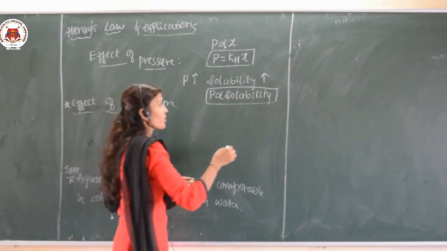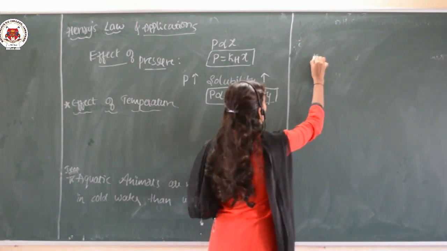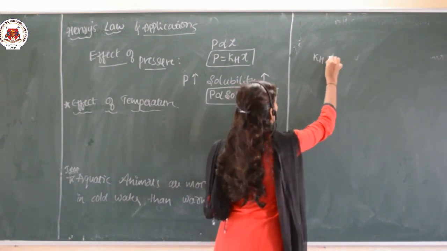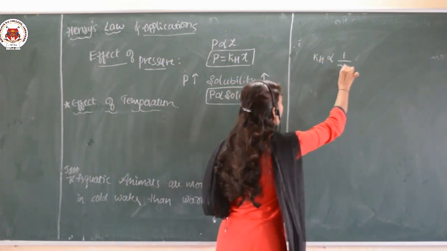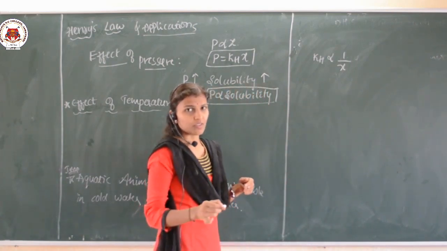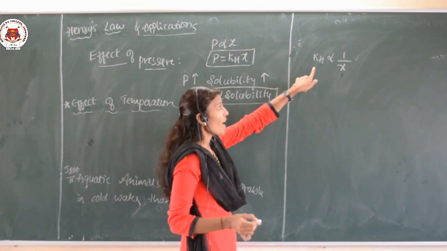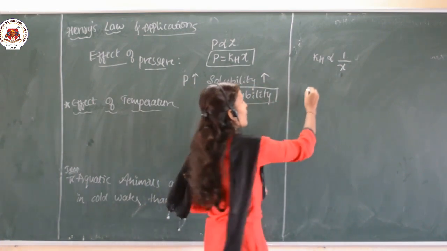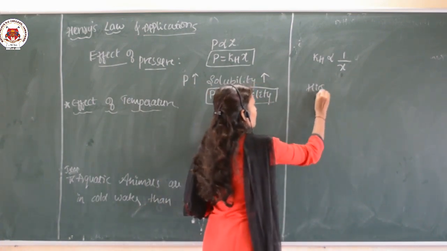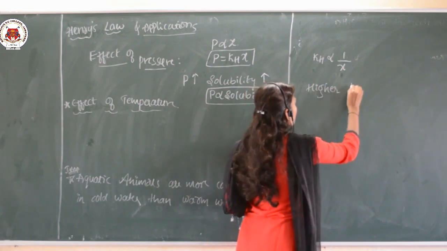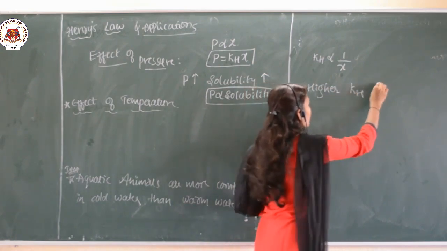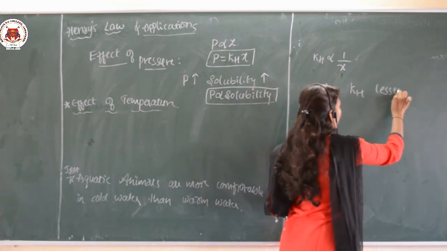And one more thing I said in the last class: KH is inversely proportional to 1 by x, where x is the solubility. The higher the value of KH, the lesser the solubility.